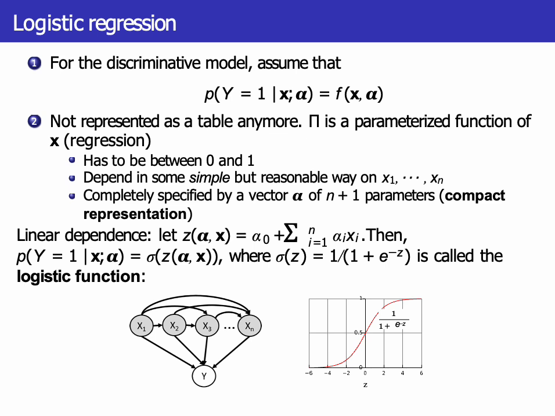And usually, to train the neural network, you need to use logistic regression. So you have a parameter alpha and data x.